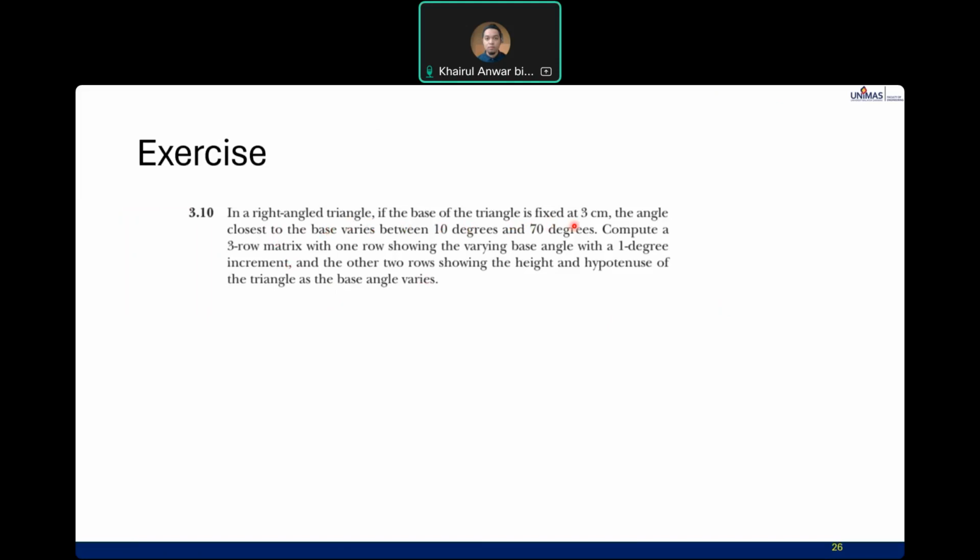So how many columns? Many columns, but 3 rows. The columns go from 10 to 70 degrees, with 1 degree increment. So 70 columns.